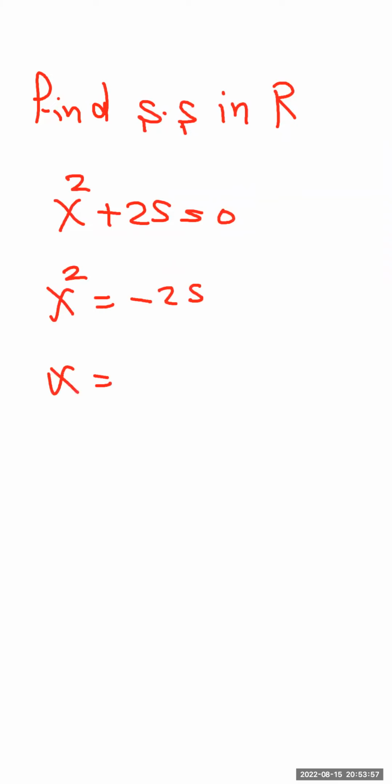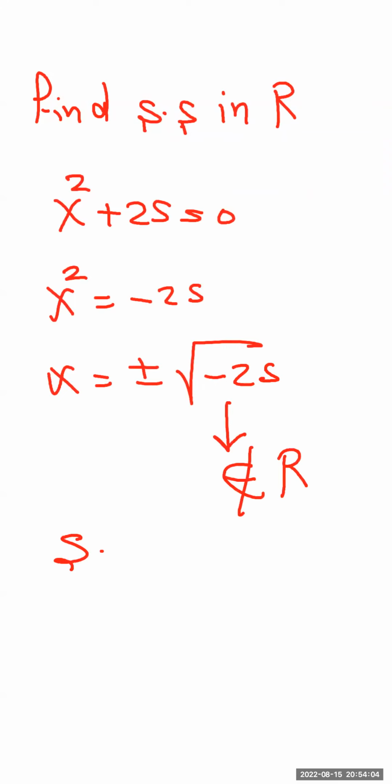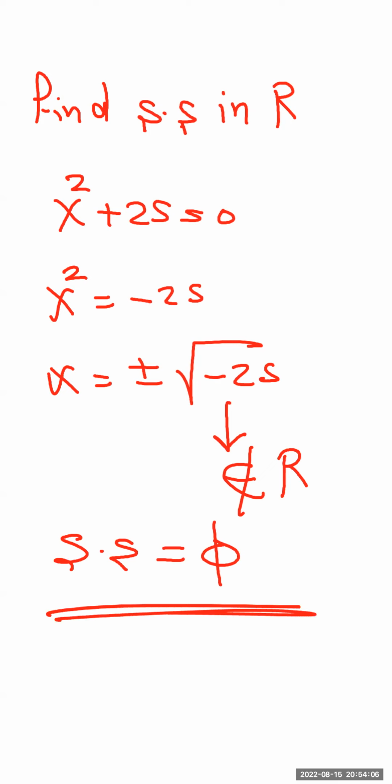Unfortunately, x will equal positive or negative square root of -25, but this does not belong to the real numbers, so the solution set is empty. Why? Because here I'm looking for the solution in the real numbers. But if the question changes only in this word, and instead of real numbers it is complex numbers, C, the solution will change.